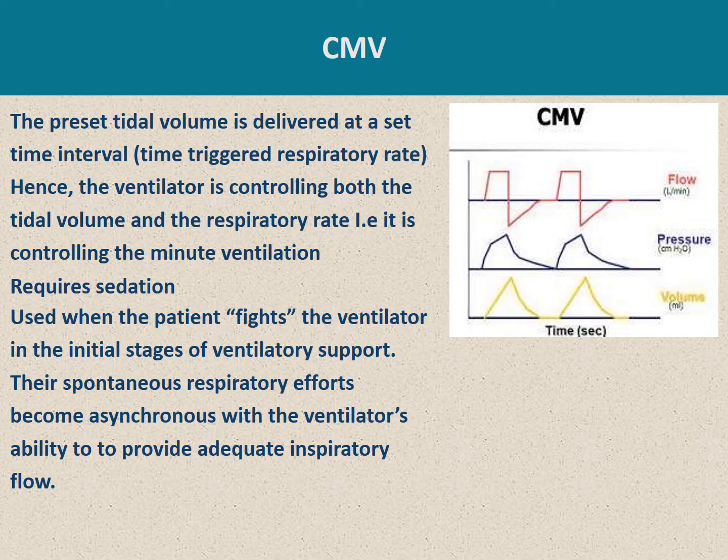It is used for ventilating patients who are totally paralyzed and sedated or under anesthesia. It is very bad for patient ventilator synchronization. This is why it is replaced totally by ACV.